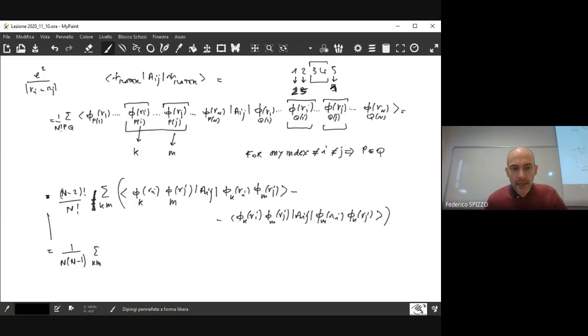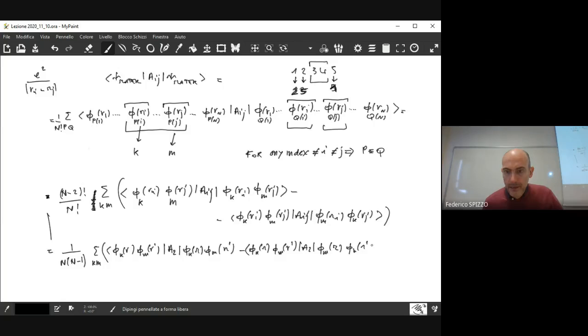Then we have a sum over k and m of phi_k(r) phi_m(r prime), and then, just to remind you that A in this case is a two-body operator, I put the label 2 on A. Then we have phi_k(r) phi_m(r prime), minus the same expression: phi_k(r) phi_m(r prime), again the two-body operator, and then phi_m(r) phi_k(r prime).